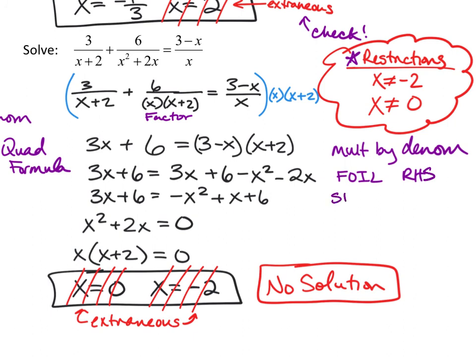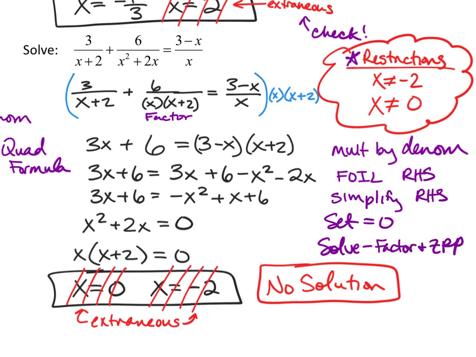This next step, all I did was simplify the right-hand side. And then I used inverse operations to set it equal to 0. And then I solved by finding the GCF or factoring and the zero product property. And then the very last thing is I just check those extraneous solutions from my restrictions to see what I can and cannot use.